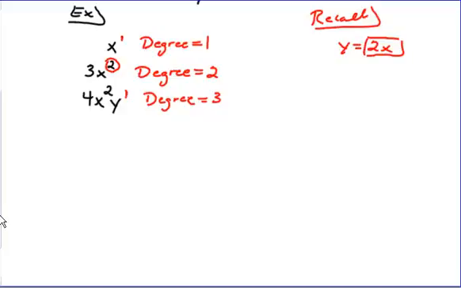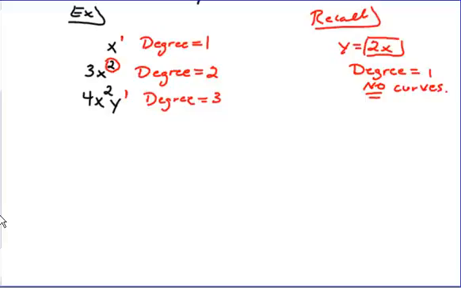What's the degree of that term? 1. How many curves are in a line? There's no curve. A line's straight, right? Degree equals 1. And you have no curves.